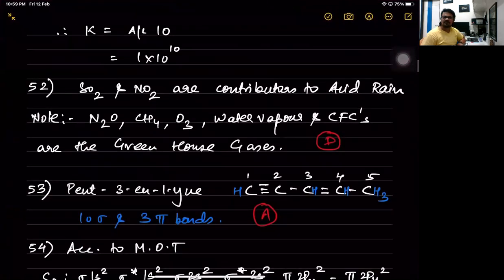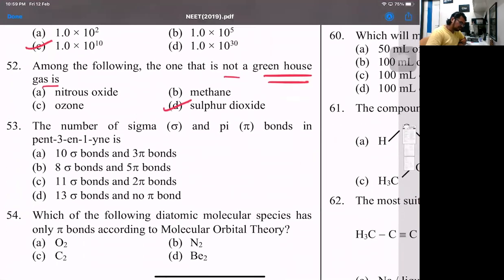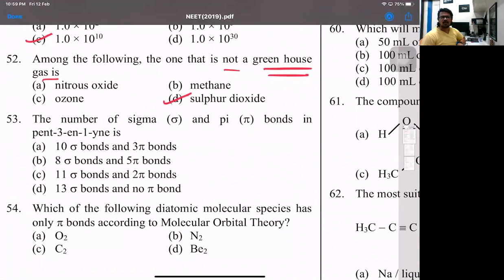So please look at that. SO2, NO2 are contributors to acid rain, whereas N2O, nitrous oxide, methane, ozone, water vapor, and the CFCs, chlorofluorocarbon compounds, are the greenhouse gases.